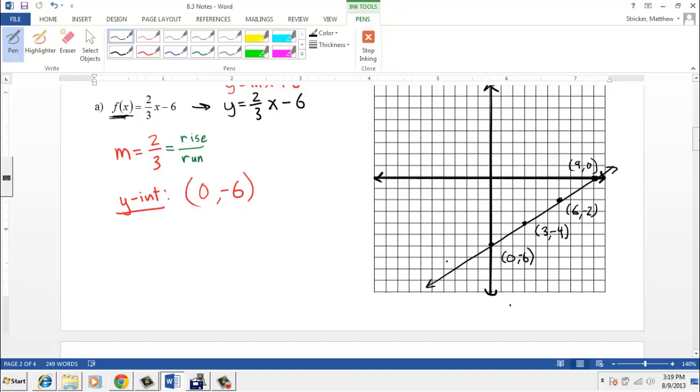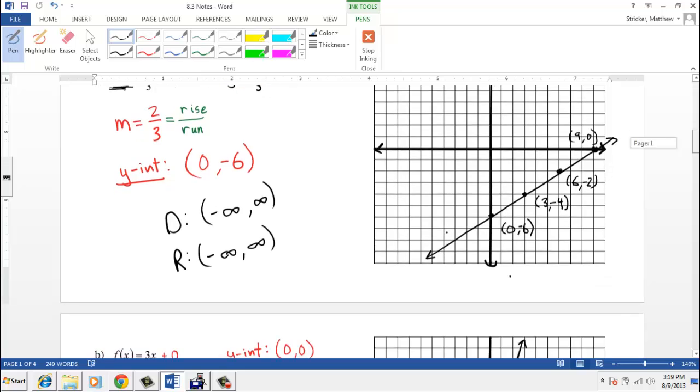a linear function. Well, we can see that this line keeps going up, it keeps rising, and it keeps dropping. It doesn't stop going up, it doesn't stop going down, it doesn't stop going right or left. So in this case, the domain is -infinity to infinity, and the range is -infinity to infinity.